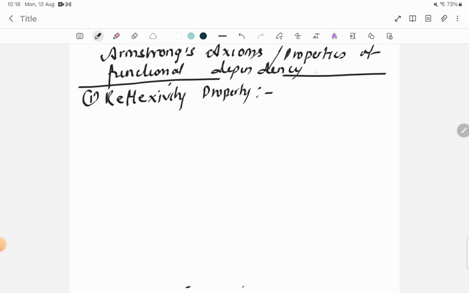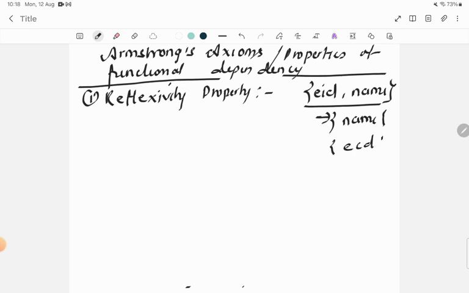For example, if this is a key, or a particular group of attributes, then the subsets of this will be name alone or EID alone. If these two attributes are under one key, it is going to determine a particular value, the combination of EID and name. So the subset of this will be either your single name or your single EID. This is called the subset.